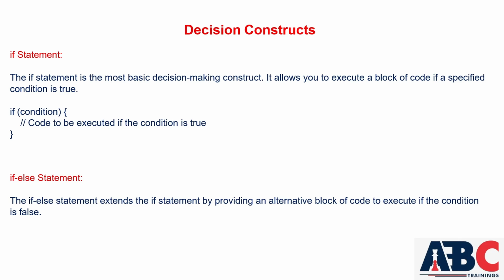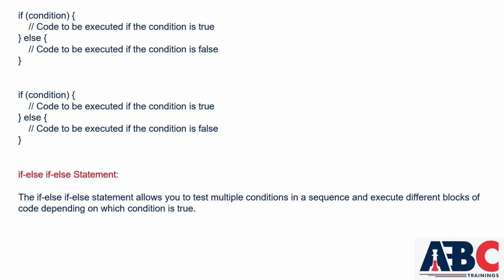It allows us to execute a block of code if a specified condition is true. Suppose the if condition is satisfied, then the if block is executed. Otherwise, with if else, we provide an alternative block of code to execute if the condition is false. If the condition is true, then the if block is executed, and if the condition is false, then the else block is executed.